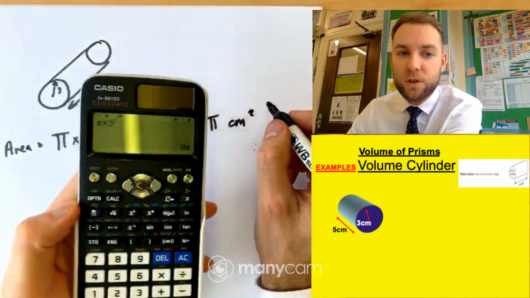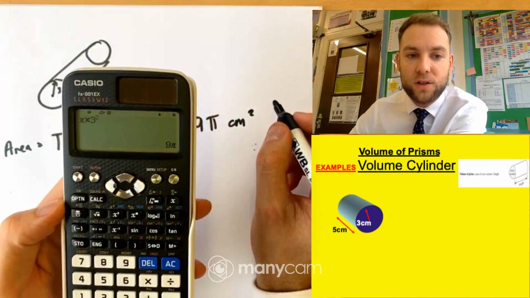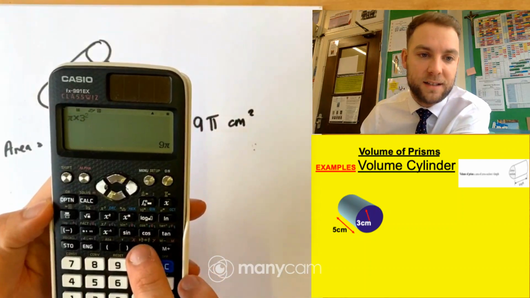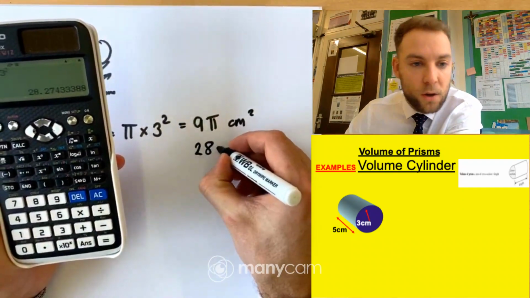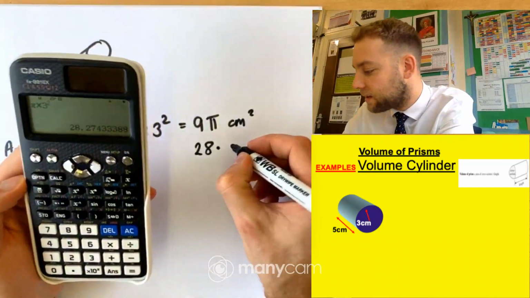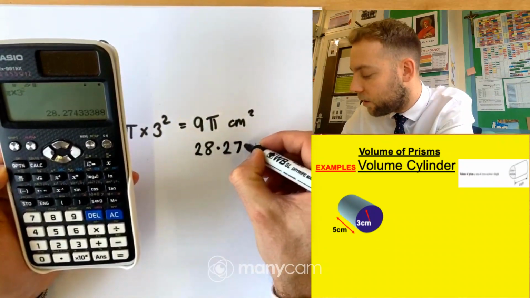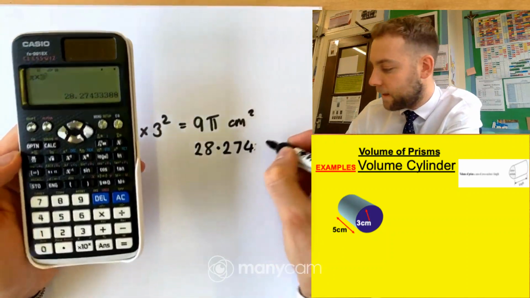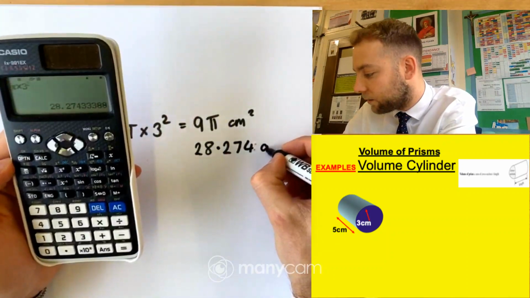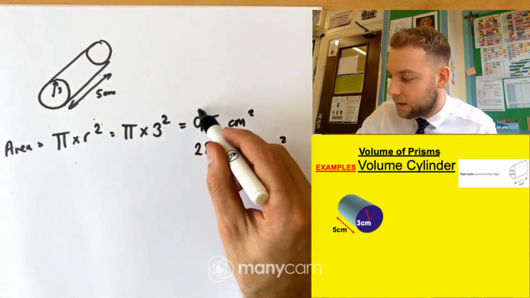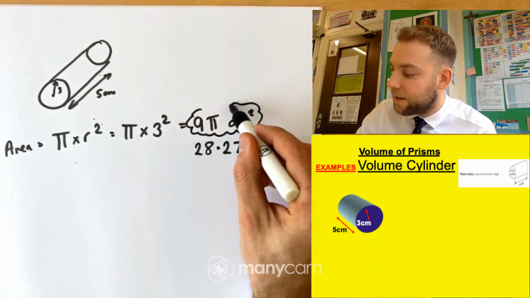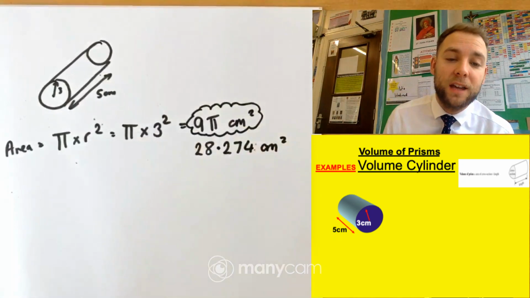If I wanted to, I could write this as a decimal, so not in terms of pi, and I do that by pressing this S to D button. So I press S to D, it's going to be 28 point, in this case, 274. And again, I could carry that on, centimetres squared. Now the reason that I've decided to use this one here, so use 9 pi instead of that bottom one, is because this is more accurate.